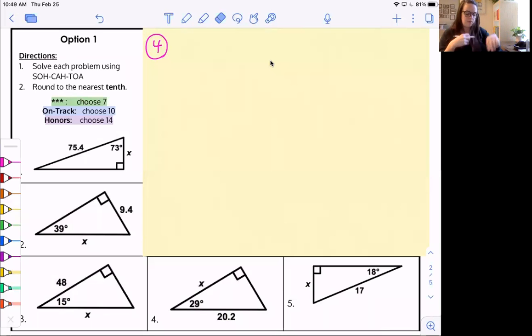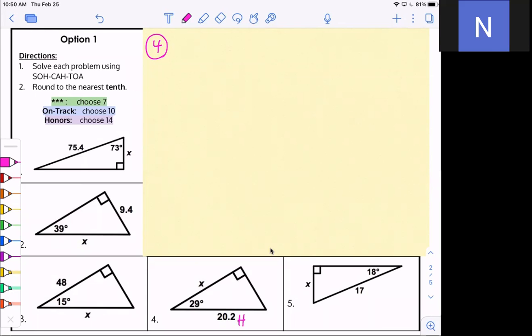Okay, go for it. Number 4. Just tell you the equation, right? Yes. Tell me how I should label my triangle first. So 20.2 is the hypotenuse. And then my x is my adjacent.